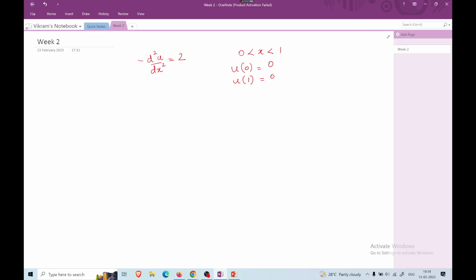Next, for the exact solution I am just going to integrate it twice. Integral of minus d by dx of du by dx, into dx, is equal to 2 times dx.